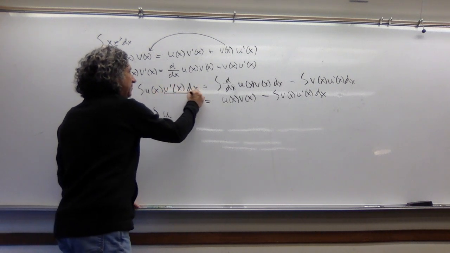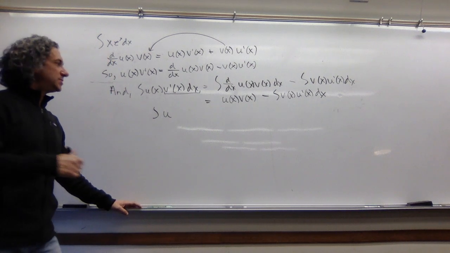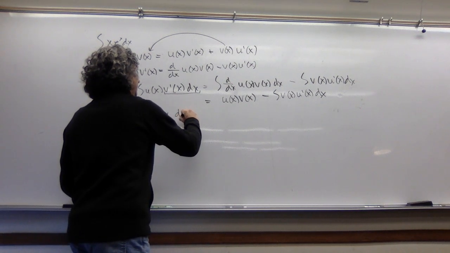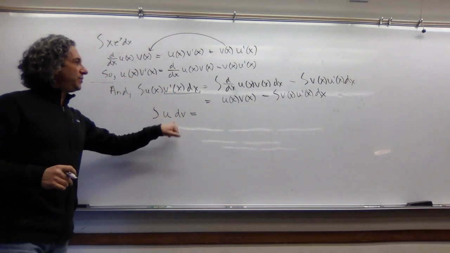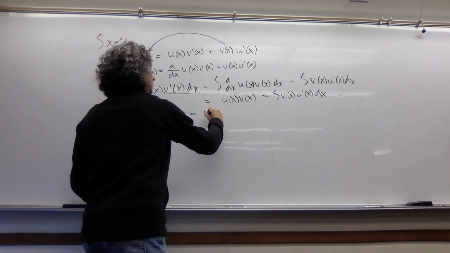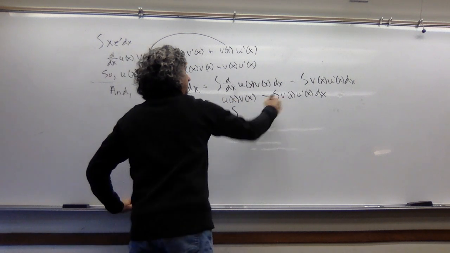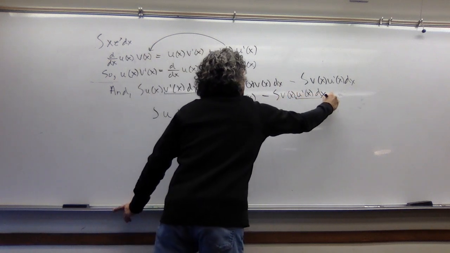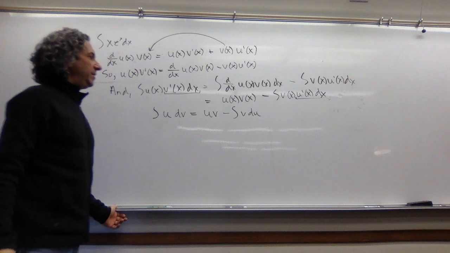And instead of v prime of x dx, thinking back to u substitution, I'm just going to call that dv. So the integral of u dv is equal to u times v minus the integral of v du. So that's the integration by parts formula.